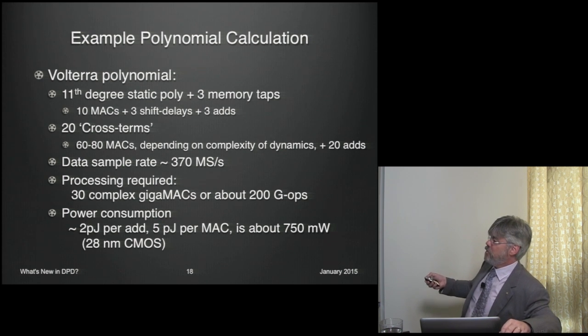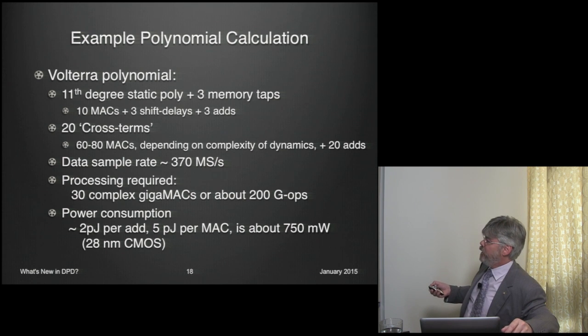The cross terms, we'll talk about these in a little bit more time. So these are the memory terms, and you can get a nice multiplication of different delays to describe the dynamics. So 10 multiply and accumulates and 3 shifts here, maybe 60 to 80 multiply and accumulates, depending on the complexity of the terms that you use.